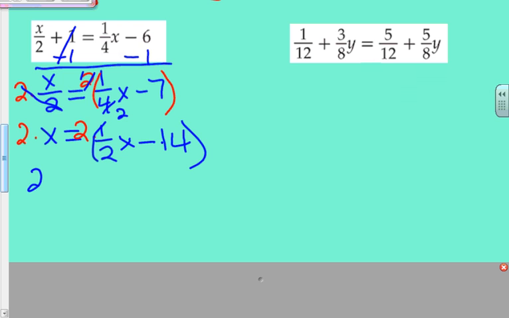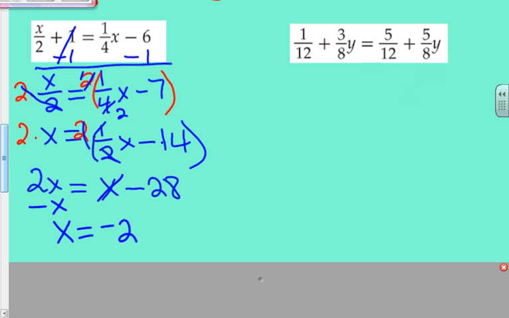So this becomes 2x equaling x minus 28. Now I'm going to come over here and subtract my x to get rid of it. I'll be left with x equals -28. And that's my answer. The only thing you have to remember, when you multiply one side by something, you multiply the other side, and it's everything that's in that side.